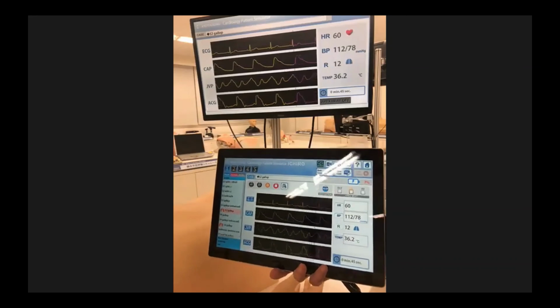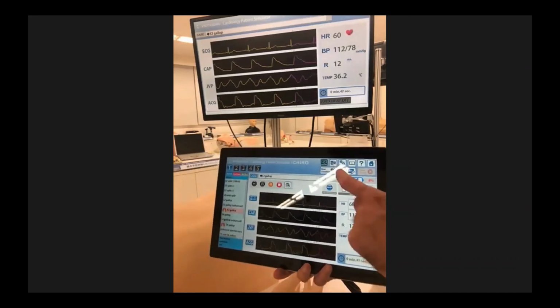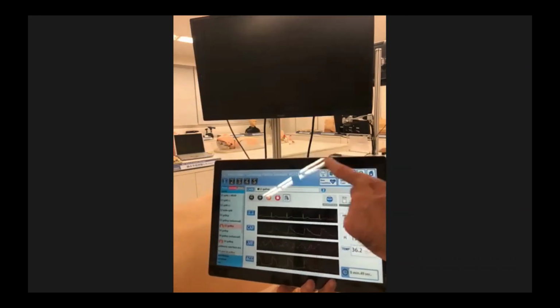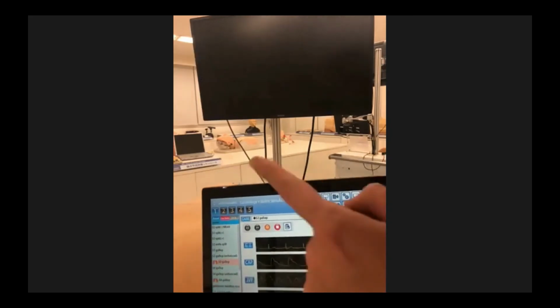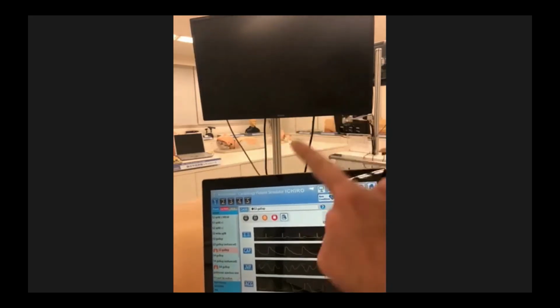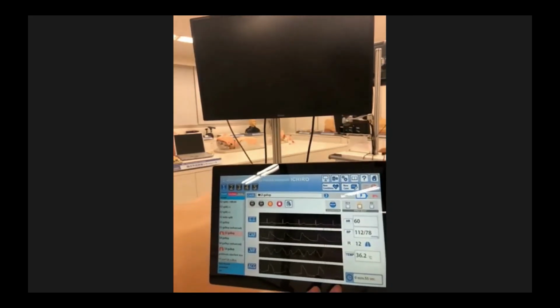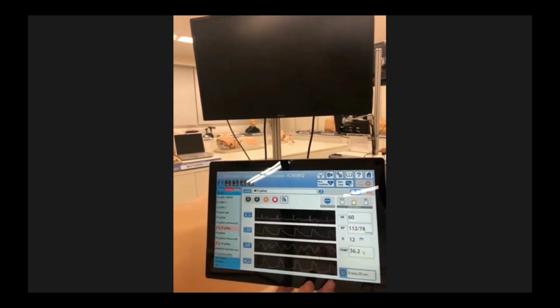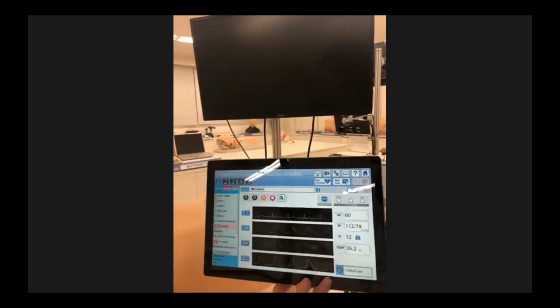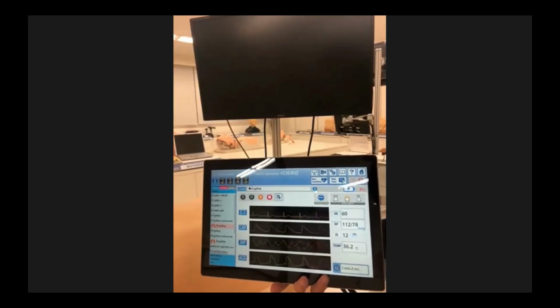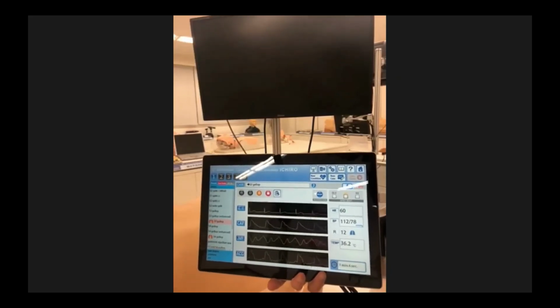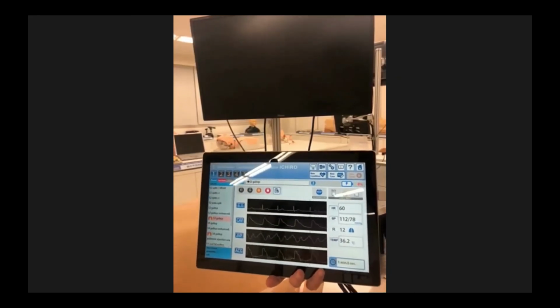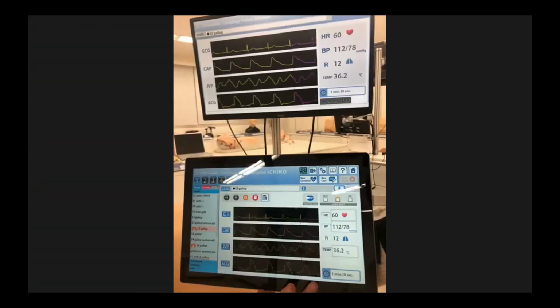Also, this tablet allows us to hide the information if we want. If we don't want to show the monitor, if we don't want to give any information to the students so that they just give their answers based on what they hear, we can hide all the data with one touch or show it again.